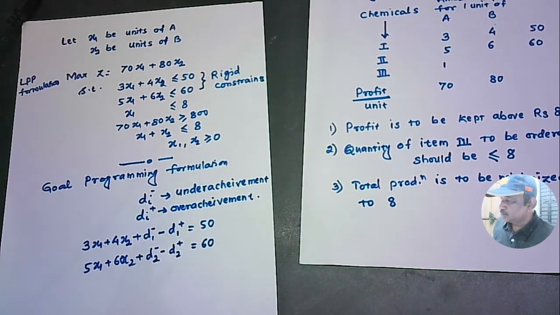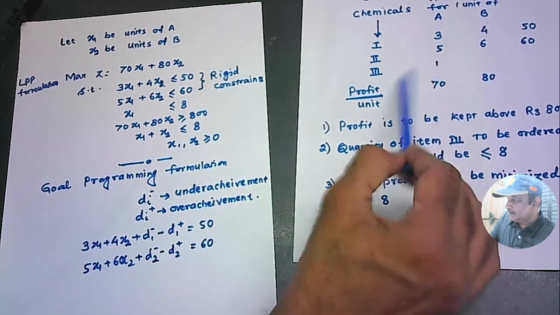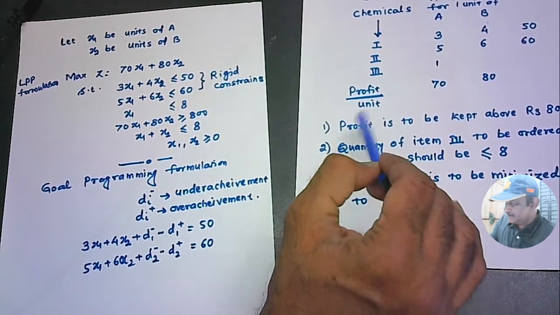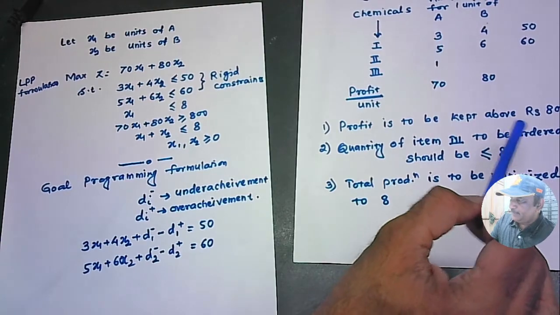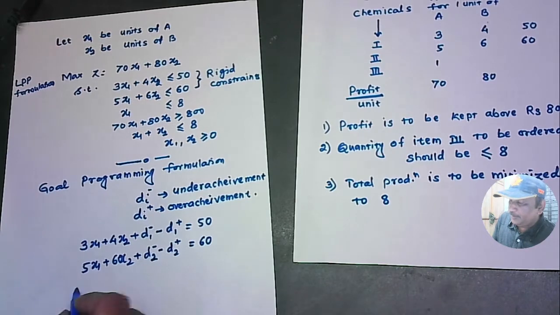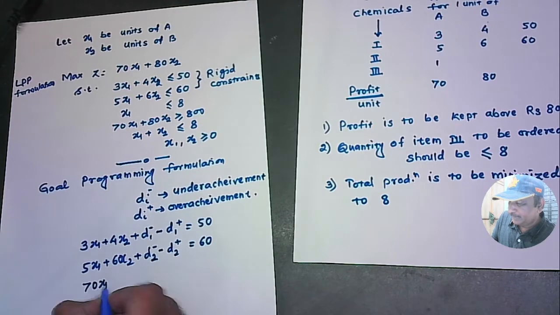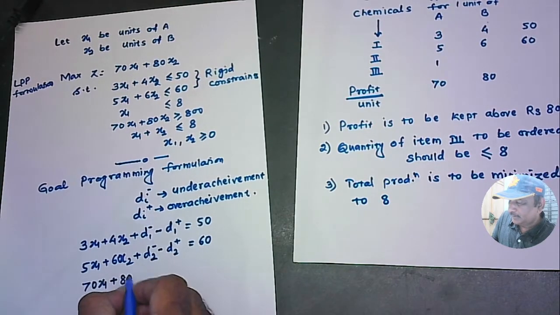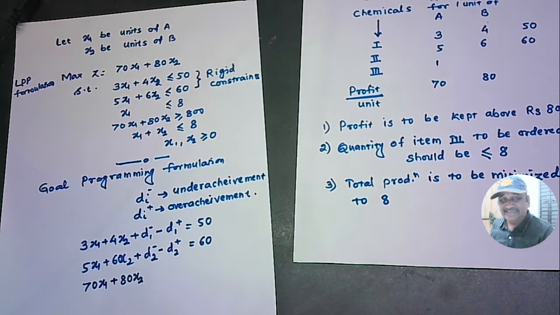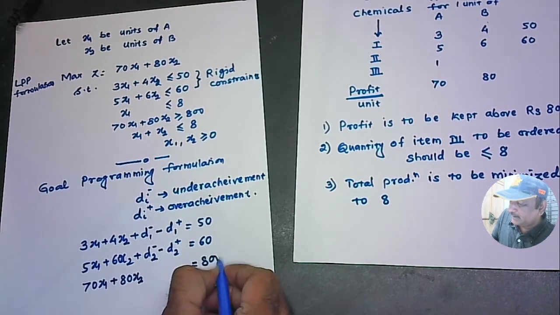Now coming on to the first statement, we will have to go by this sequence. Profit is to be kept above rupees 800. So what is profit now? Profit is 70x1 plus 80x2. On the right hand side we write 800.